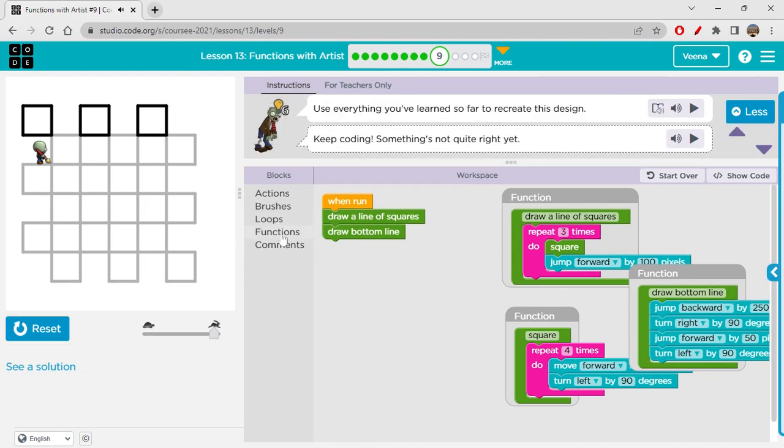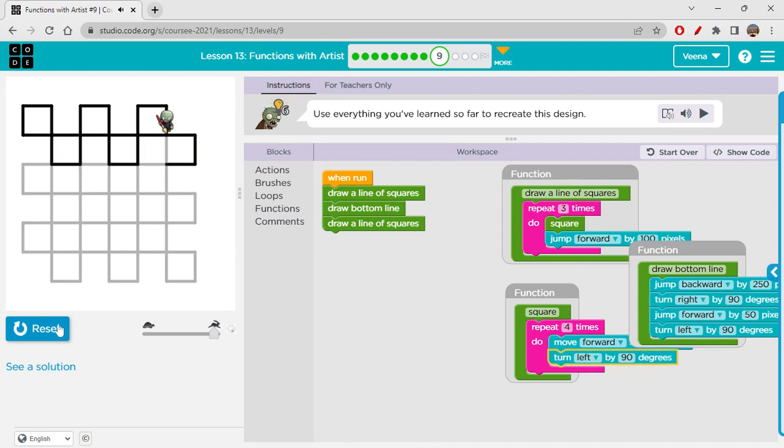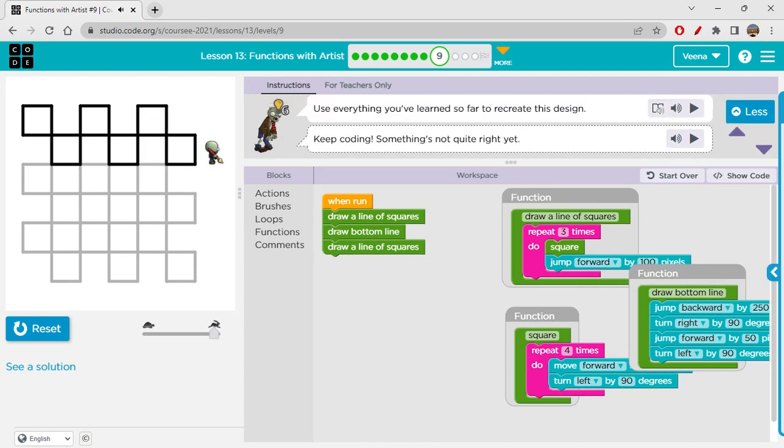And then we also have to again draw a line of squares. Let's check it out. Okay, this is fine. So it's drawing one thing now. From here, it has to get back till here. So it's 50, 100, 200, 350.